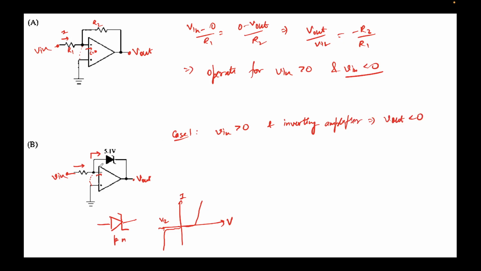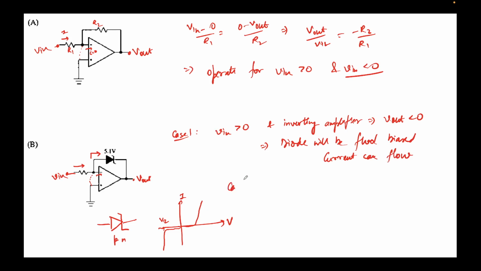So V out will be less than 0, so clearly this would mean that the diode will be forward biased. How do we see forward bias? Because the P side is connected to 0, and the N side is connected to a negative terminal. The diode will be forward biased. This means first quadrant, and current can flow. A few milliamps of current can easily flow. So V in greater than 0, no problem.